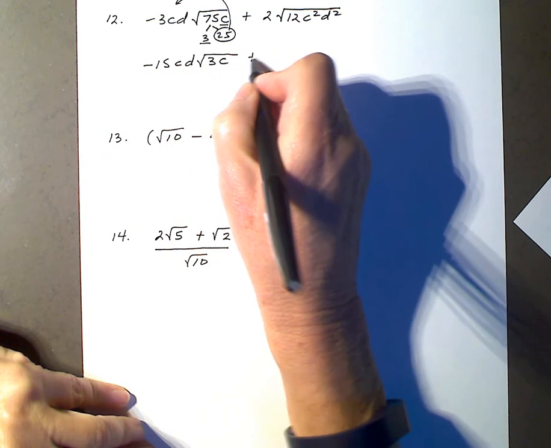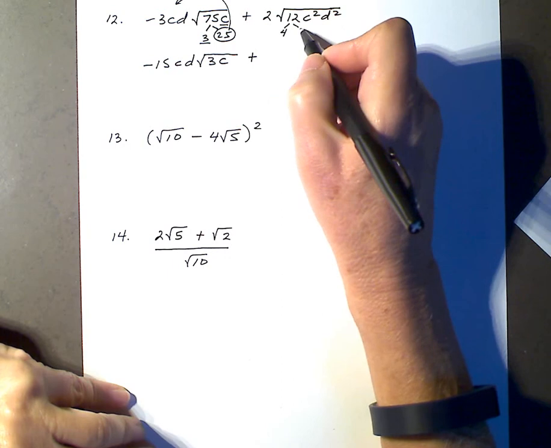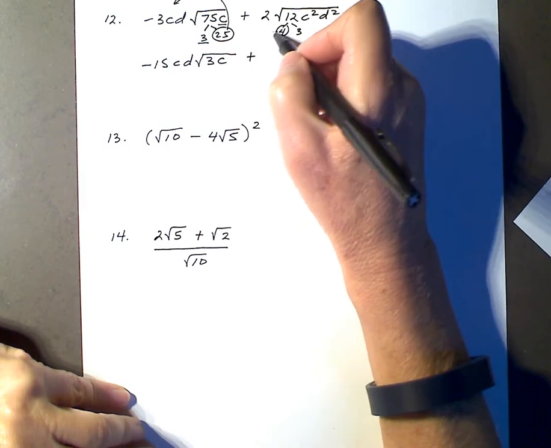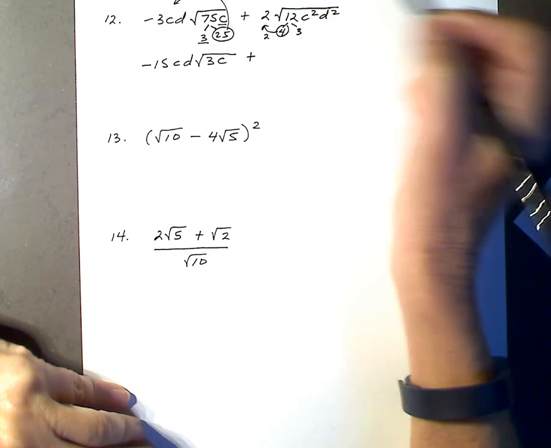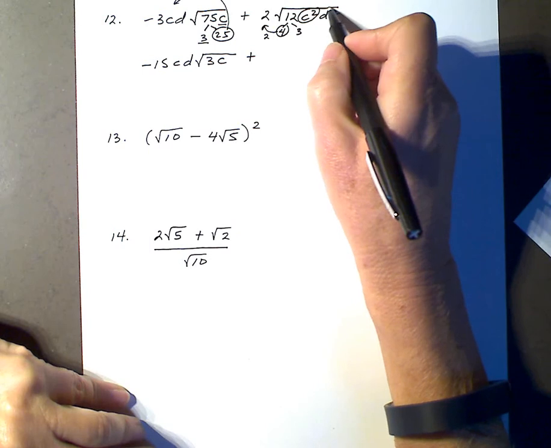plus. Now here, this is a perfect square of a 4 times a 3, so a 2 will come out and multiply by that 2 on the outside, and then a c will come out and a d will come out.